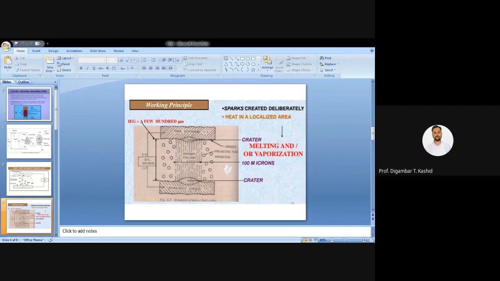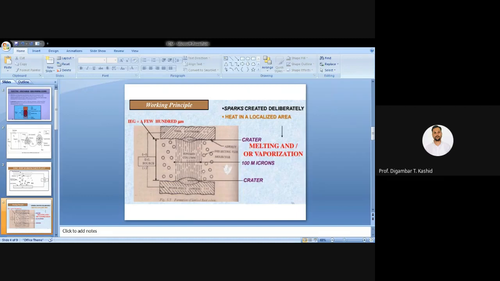When thousands of sparks are generated in 1 second, because we are applying the power supply with 5000 hertz frequency, that means 5000 sparks are generated in 1 second.